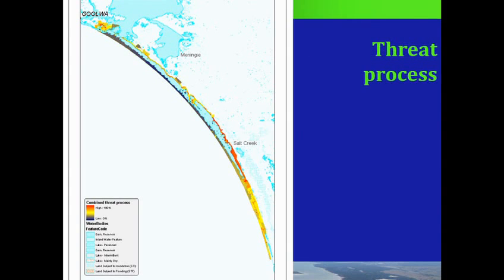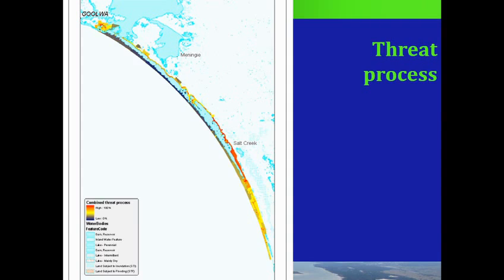Moving on to the threat layer, this one's perhaps a bit easier to explain. Red now is high threat and blue is low threat, and the main thing that stands out is that the long stretch of Younghusband Peninsula has a low threat value, sorry, I should say. So there's not many threats there.